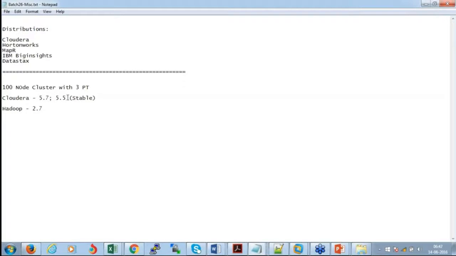To be specific, it is 5.5.2, right? That's the stable version available in the current day market. So there you go. You understood what the distributions of Hadoop are, and what size of cluster you could answer that you have worked on, right?